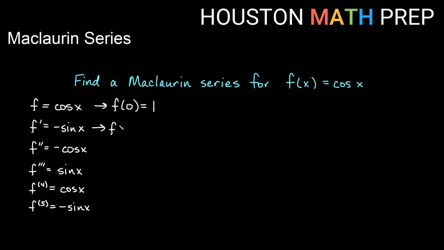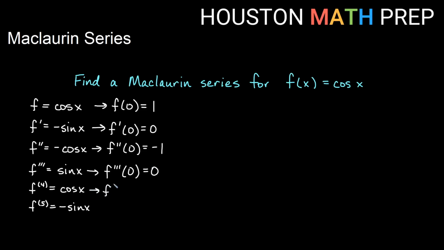If I plug into the first derivative, negative sine of 0, that's going to be 0. If we plug in negative cosine of x and we take cosine of 0, now we get negative 1. And so any of these sine terms, so this third derivative and this one is going to be 0.